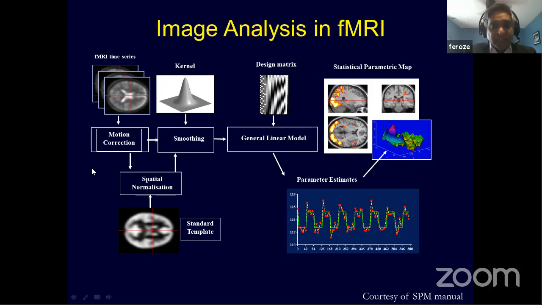And there are various steps: motion correction, smoothing, normalization, and so on. These are called pre-processing steps. These are steps that one has to do before we finally come up with BOLD maps, right? So today you can get software that can allow you to do this in a more reasonable manner.